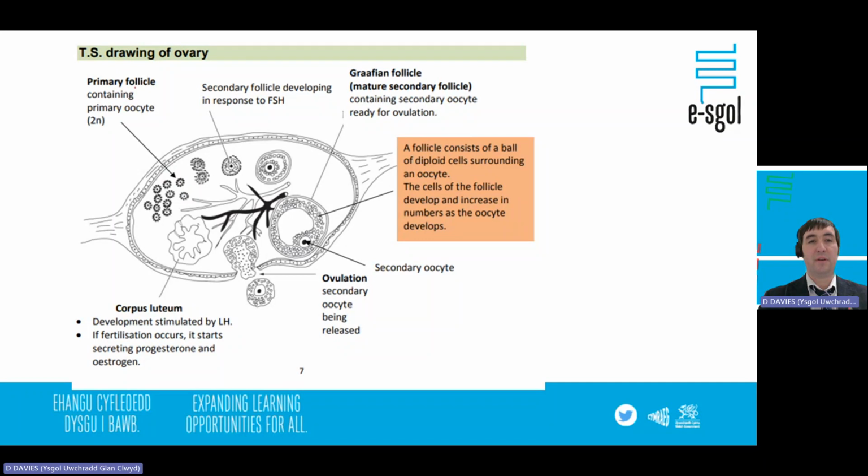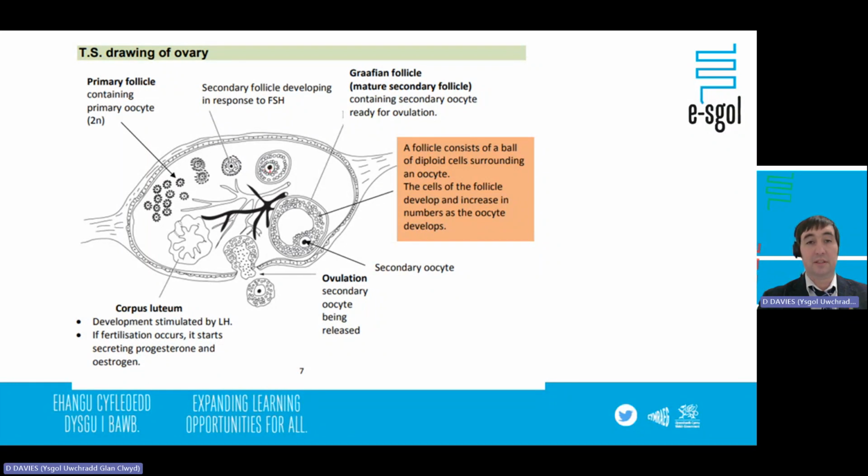A primary follicle is a primary oocyte that has a bunch of cells around it. That follicle will develop into a secondary follicle. All these cells are dividing, and there's a part in the middle that fills with fluid, all surrounding the oocyte.